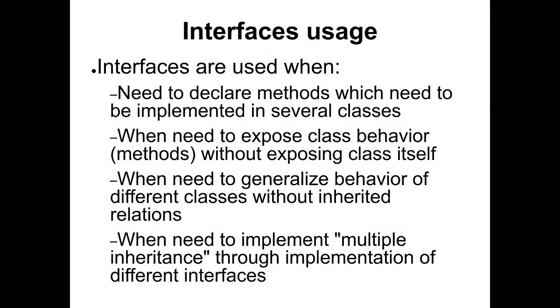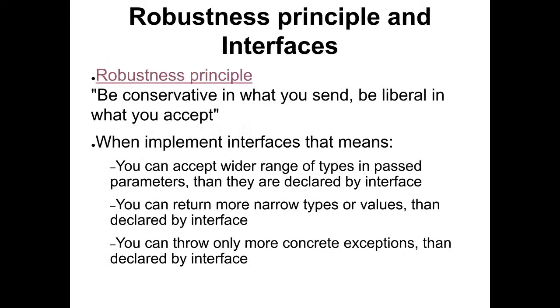Then when we need to implement multiple inheritance, again, it is for the implementation of different interfaces. So let's move on. Then there's the so-called robustness principle and interfaces. The idea is that you need to be conservative in what you send and be liberal in what you accept.